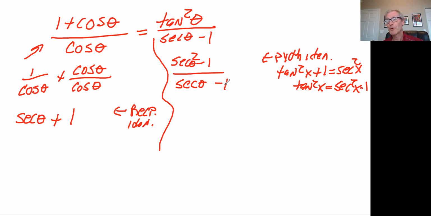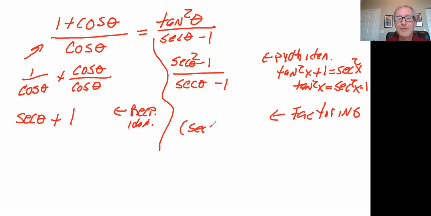So you remember when we did the idea of the conjugate where we multiplied 1 minus sine and 1 plus sine together? Well, here we want to do a little factoring. And what factoring are we doing? We're going to factor out secant of theta minus 1 on the top.